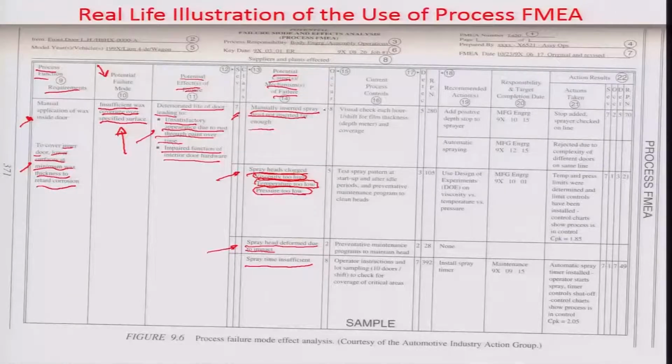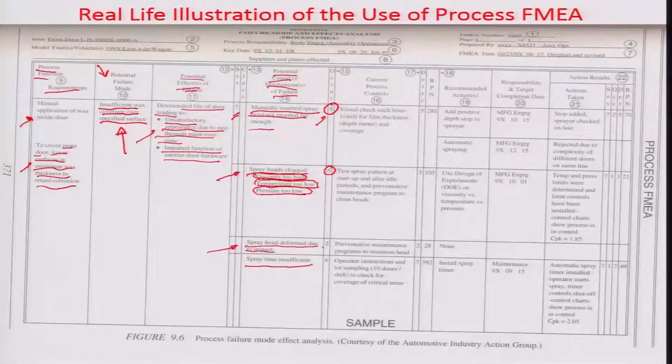So he rates the manually inserted spray not inserted far enough failure mechanism to have a rating of 8. Similarly, because the spray heads clogged, he rates this occurrence to be 5. That means almost 50% of the times this might be the reason, or 80% of the times manually inserted spray not inserted far enough may be the reason.